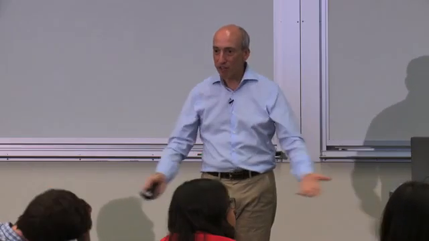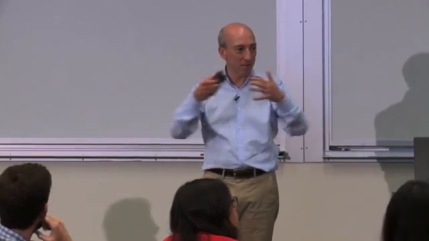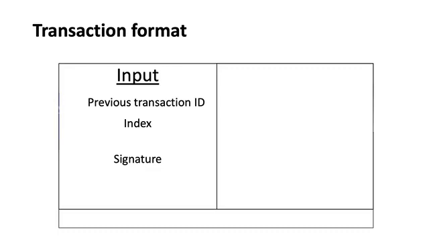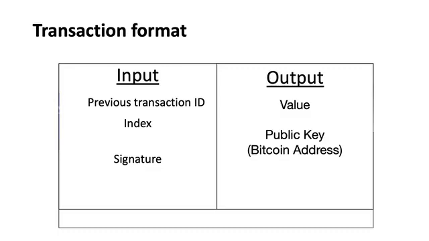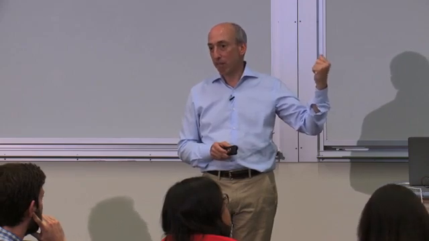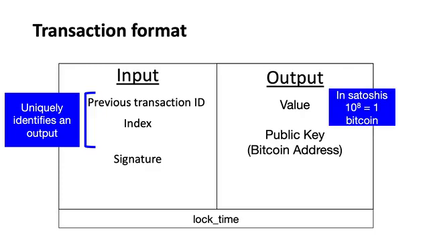Transactions, all that stuff that rolls up into the Merkle trees, all that little itty-bitty important information, they basically have an input and an output, and a lock time. But the input is a previous transaction. This uniquely identifies basically money. And you're going to send value in Satoshis.